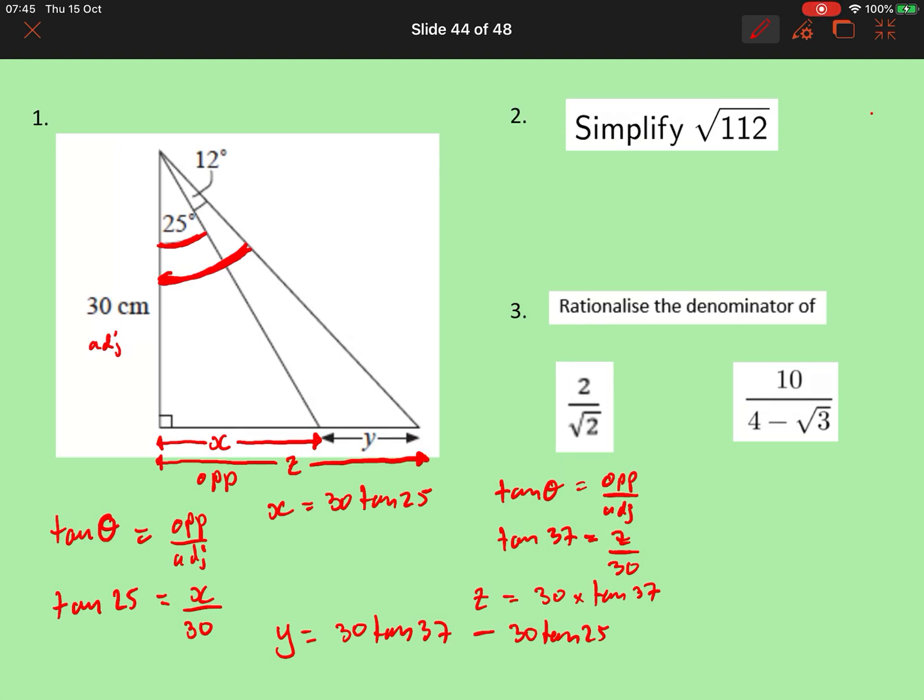So 30 times tan 37 minus 30 times tan 25, and according to my calculator that is equal to 8.62 centimeters to 3 significant figures. Just looking at that, it seems like a very reasonable answer.